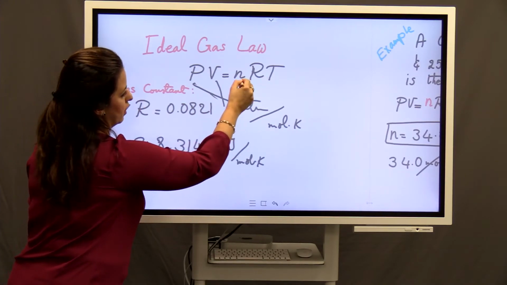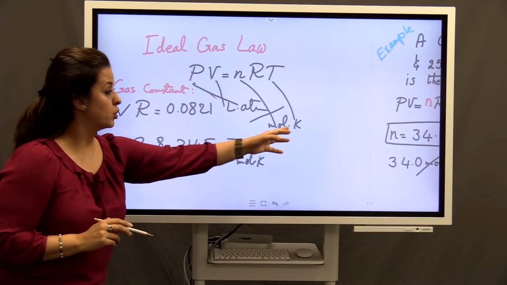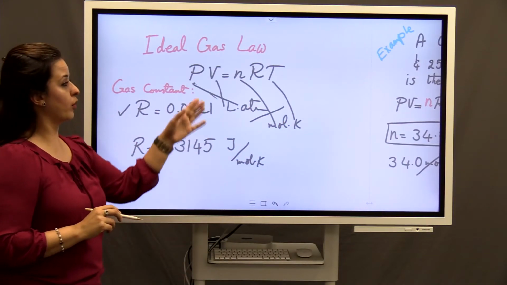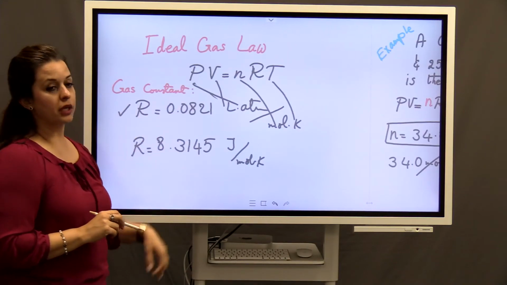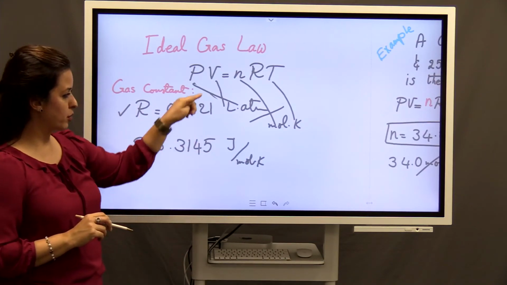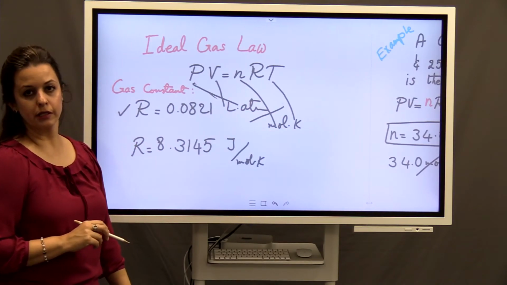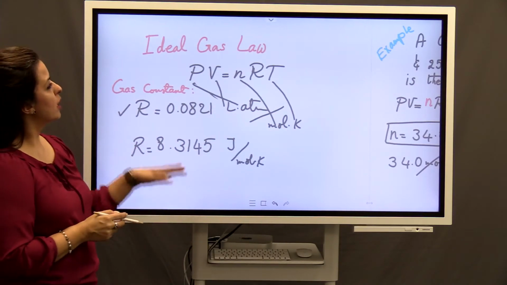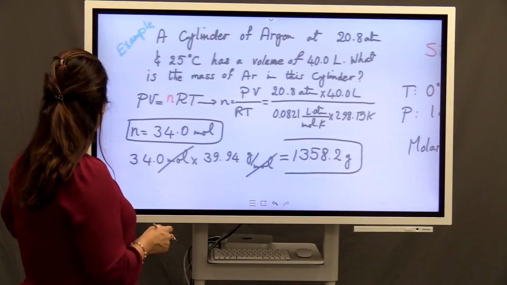You see? They should be the same. You cannot use temperature in degrees Celsius, or volume in milliliters, or pressure in millimeters of mercury. They have to be the same units that you see in our unit. I hope it was clear. So let's move on and work on a question.